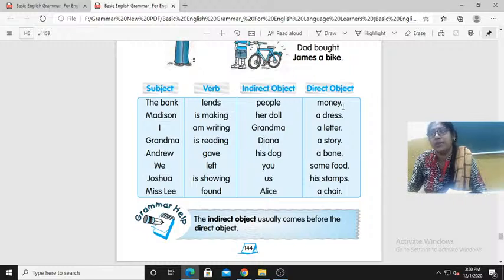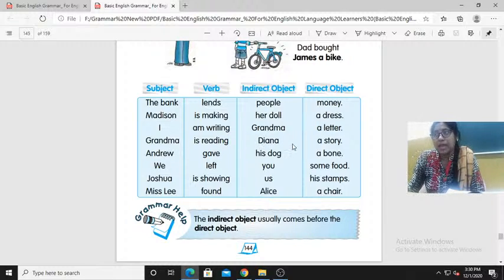Making what? A dress. So this is the direct object and her doll will be the indirect object. Again, I am writing grandma a letter. So I am writing what? Of course a letter. To whom, for whom am I writing this? Grandma. So see, try to understand the direct object and the indirect object also.